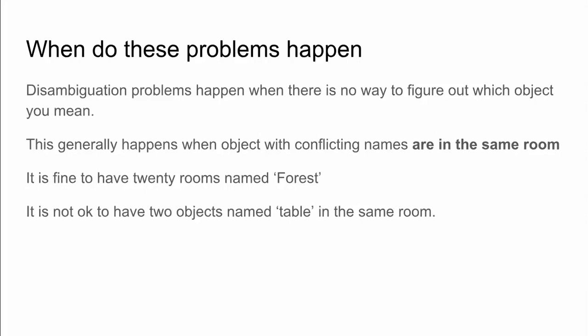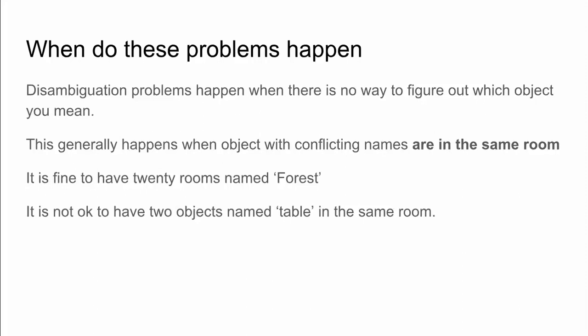So it's okay to have 20 rooms named forest. If you want to create a big maze of forest rooms, great. That's fine because you're not going to be in all of them at the same time. You're not going to be in one place and have 20 forests there, right? You can only be in one forest room at a time. So that's fine. But let's say you're in a room and there are 2 tables and they're both named table.